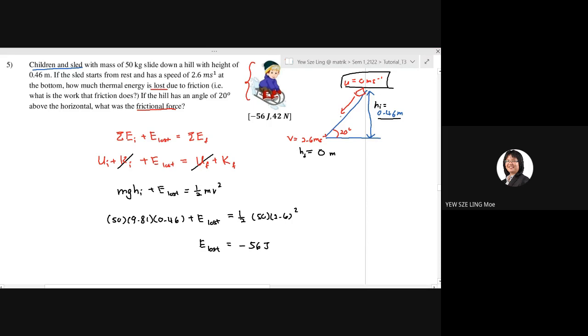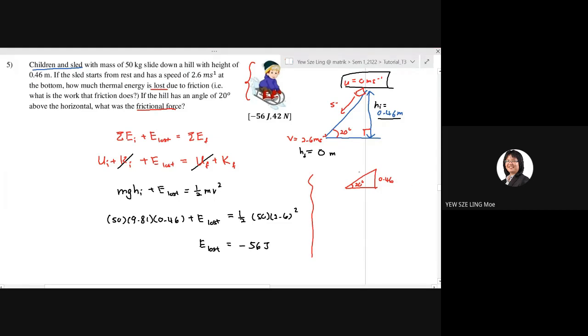The object slides down an inclined surface. So this is our s. Now how do we determine s? Do we have s in our question? Apparently no, right? So we need to determine s first. If you look at the diagram, we have a right angle triangle here, which shows us a 20-degree angle, and the opposite length is 0.46 meter.